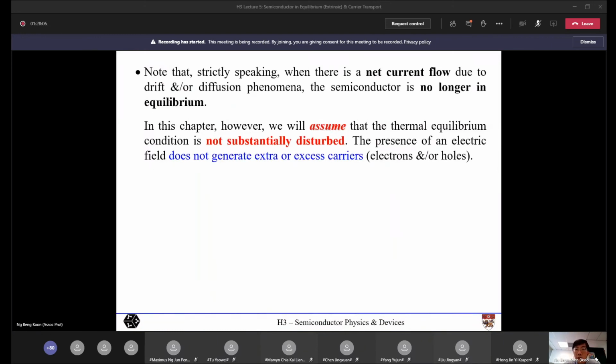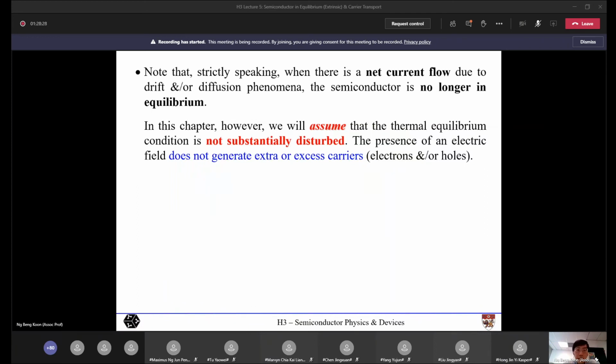Strictly speaking, when you have this transport mechanism occurring in the semiconductor, where you get a net current flow, whether due to drift or diffusion or both, the semiconductor is not in equilibrium, because the current is changing.